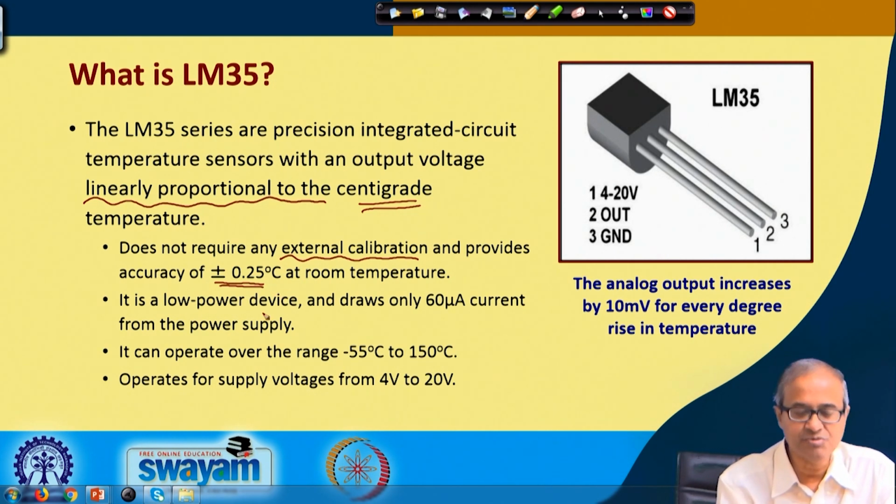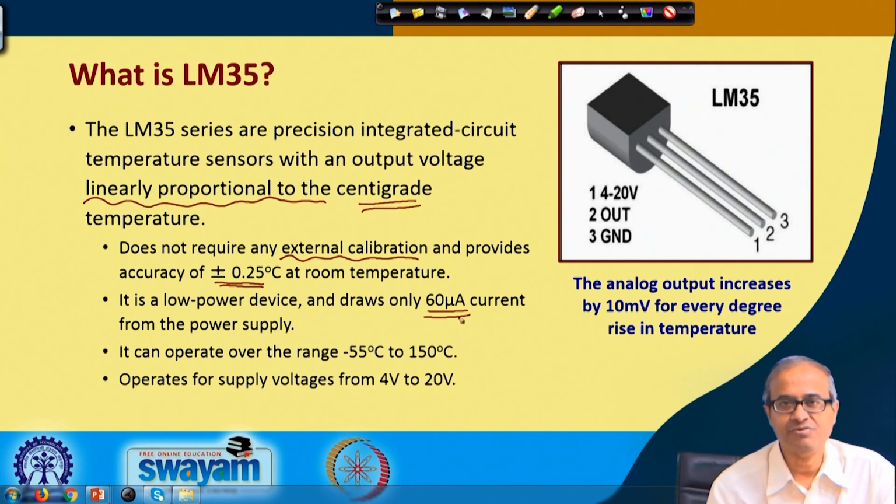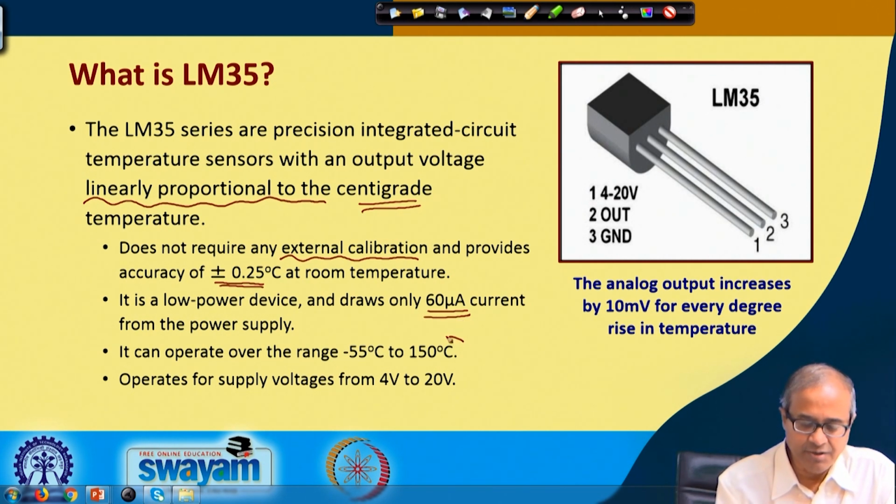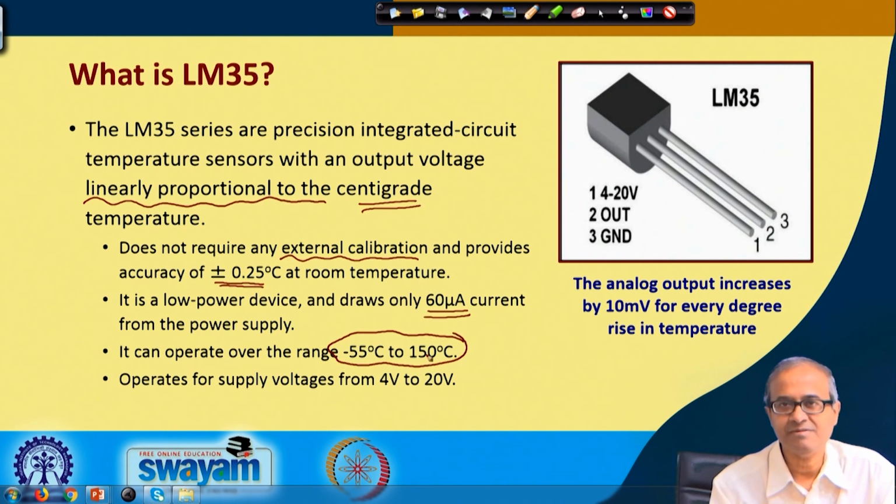And it also consumes very low power, 60 microampere current during its operation. So, it is also a very low power device, very convenient. It can operate over a wide range of temperatures, minus 55 to 150 degrees Celsius typically, and of course, as I told you, the power supply range is also 4 to 20 volts.